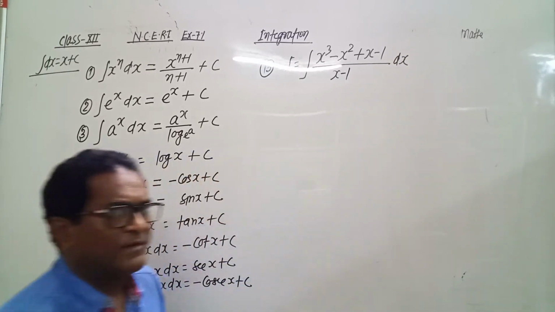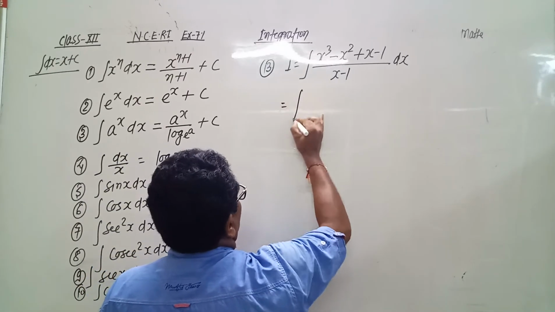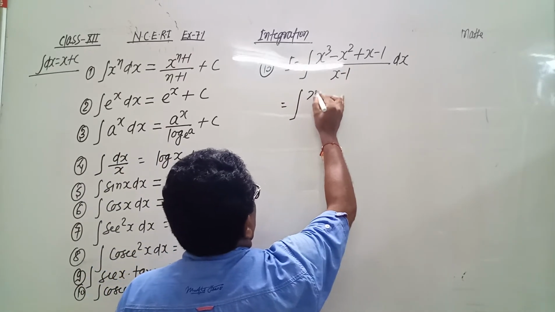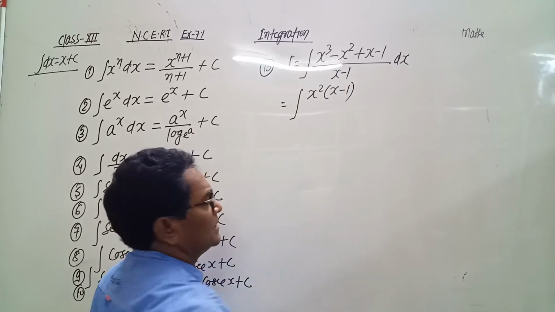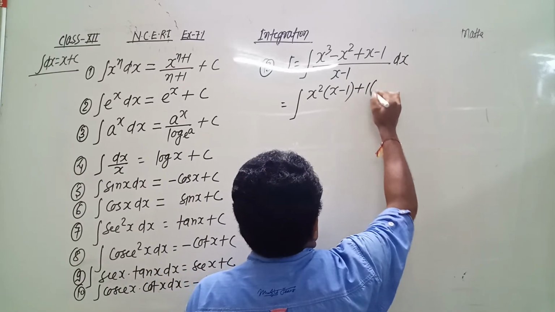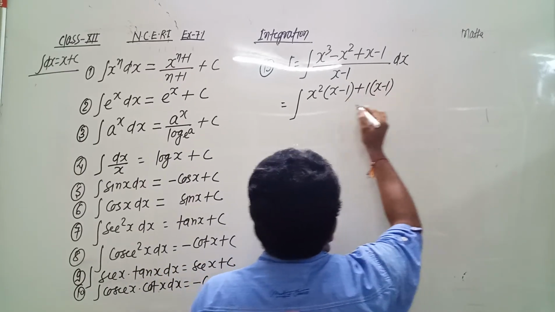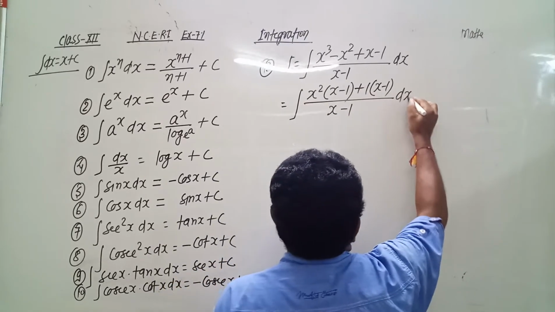So we factorize the terms in the numerator. From the first two terms x square is common, we get x minus 1, and from the last two terms we can take 1 as common. So x minus 1 upon x minus 1 dx.